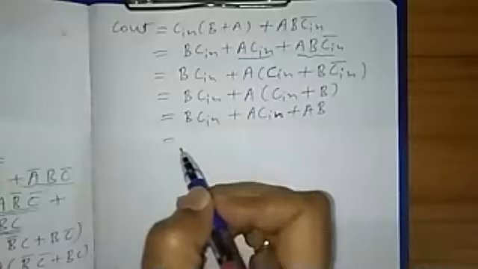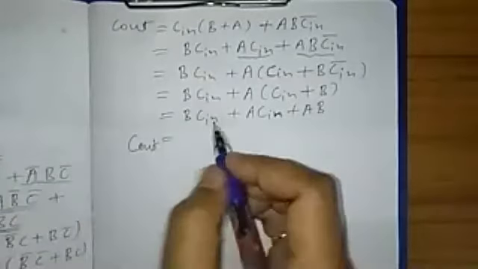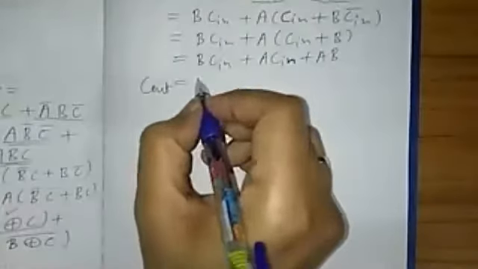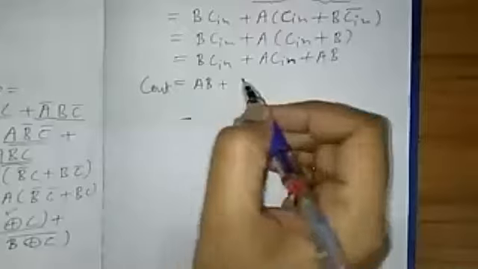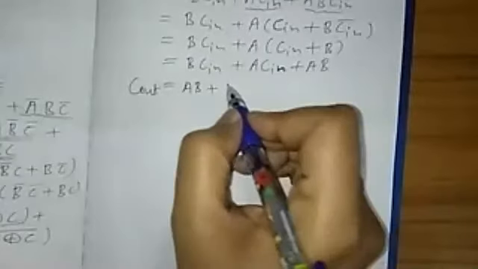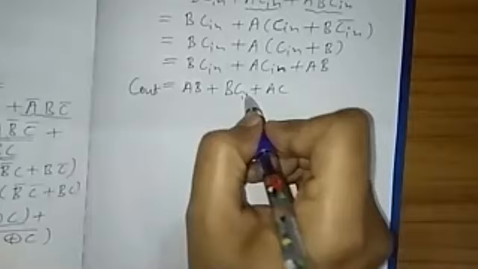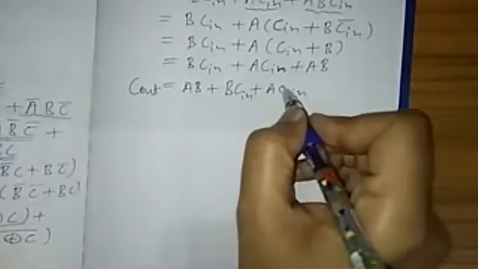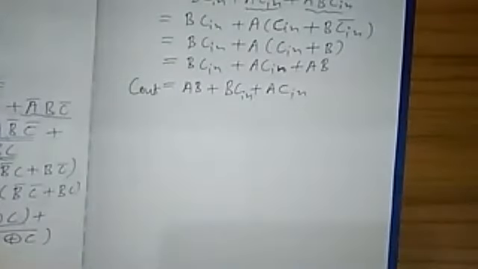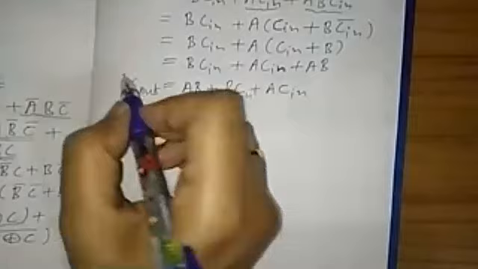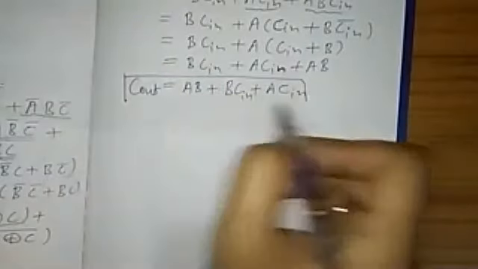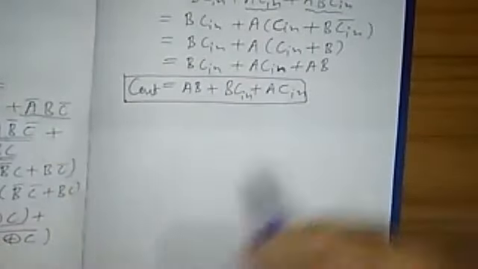That is, if A, B, Cin are the inputs, then C out will be AB plus BCin plus ACin. This will be the carry out expression.